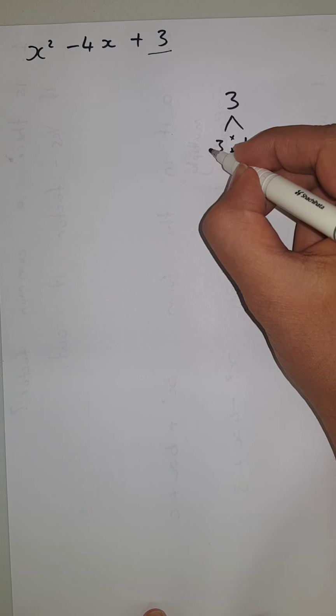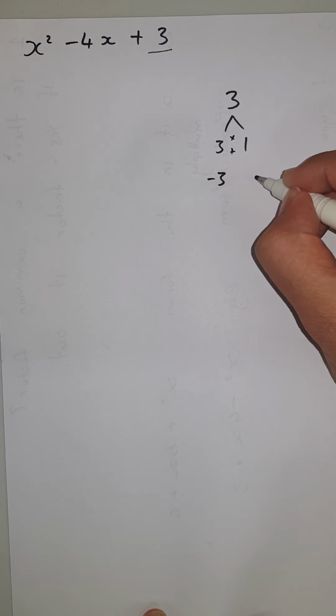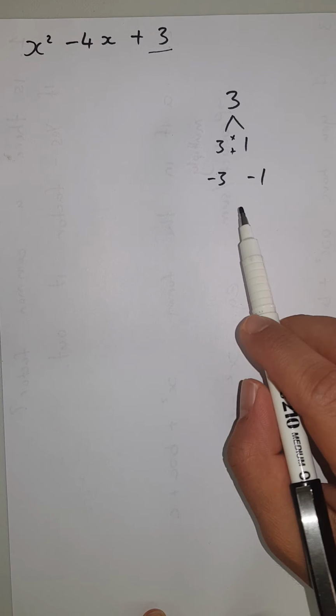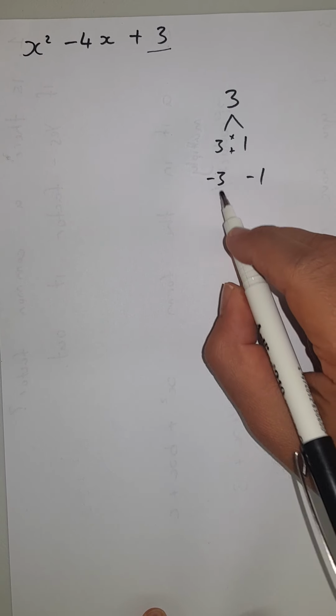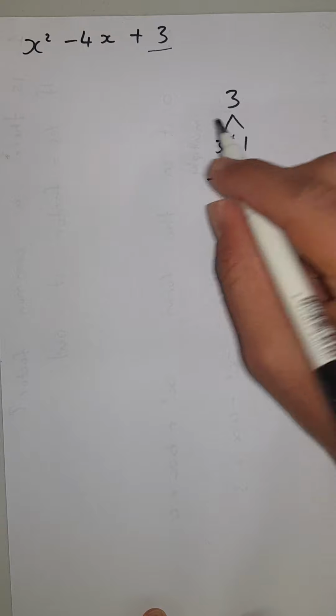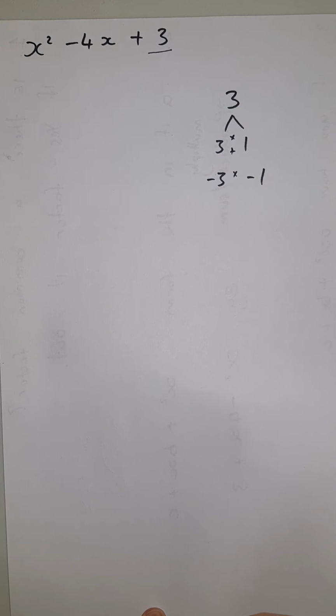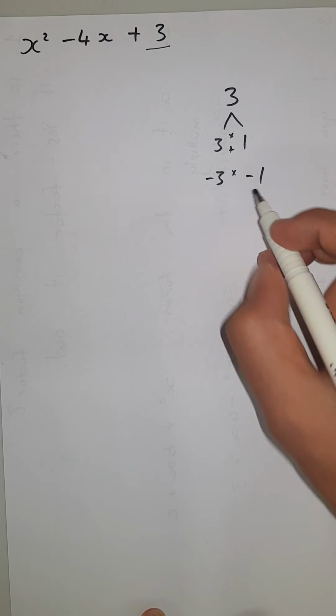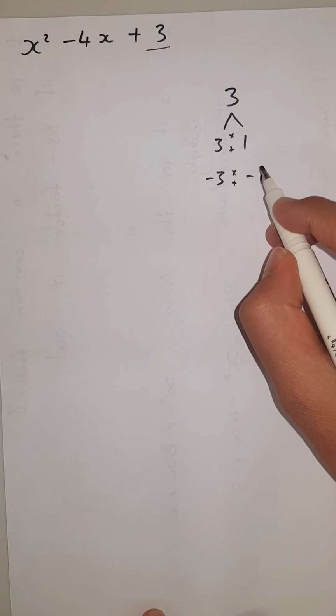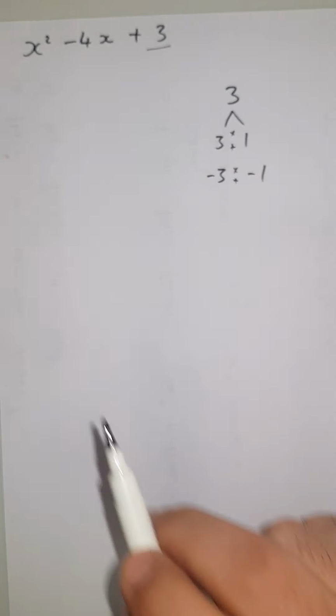So I could use minus 3 and minus 1. Let's test it out. Minus 3 times minus 1, that gives me 3. That is correct. Minus 3 plus minus 1, it gives me minus 4.